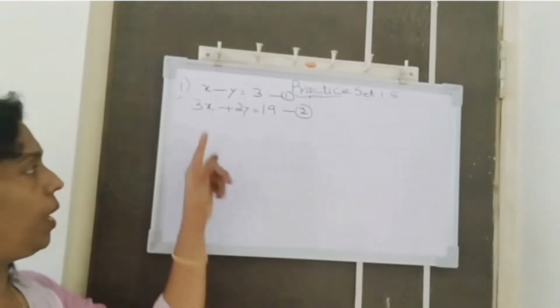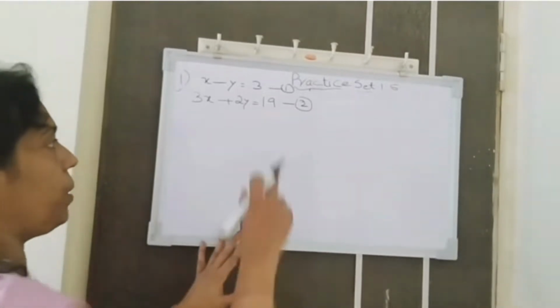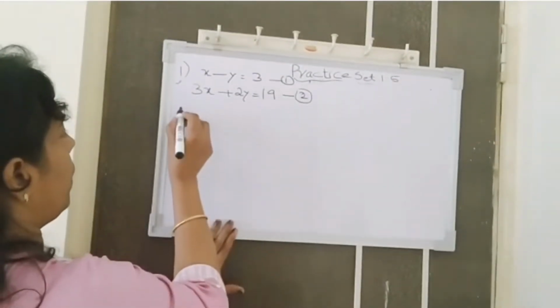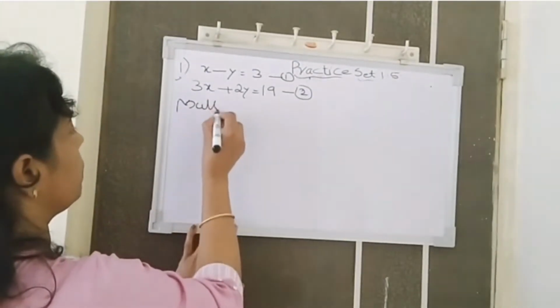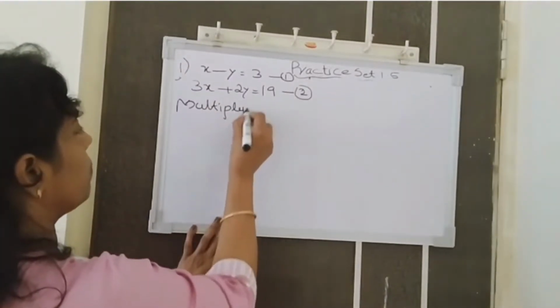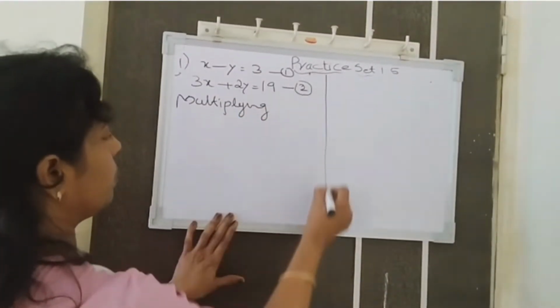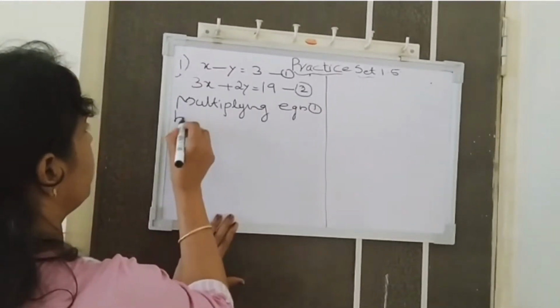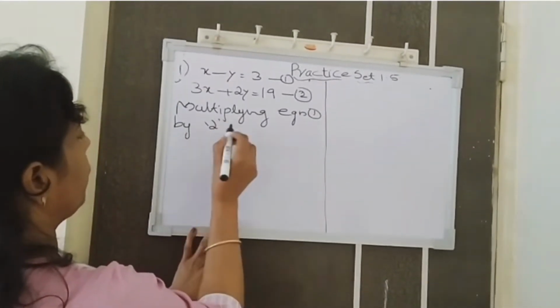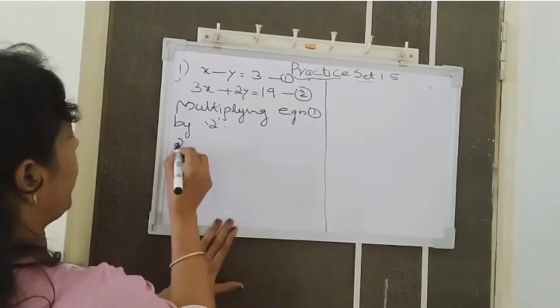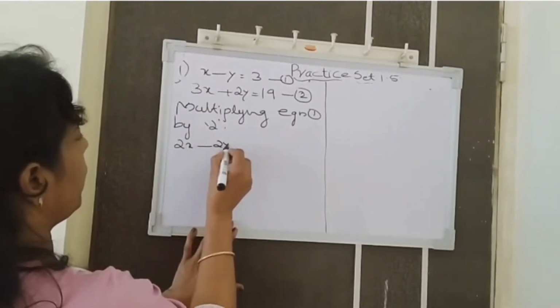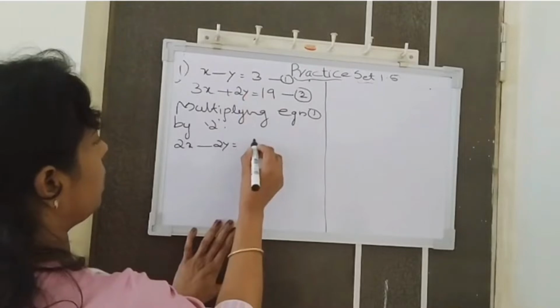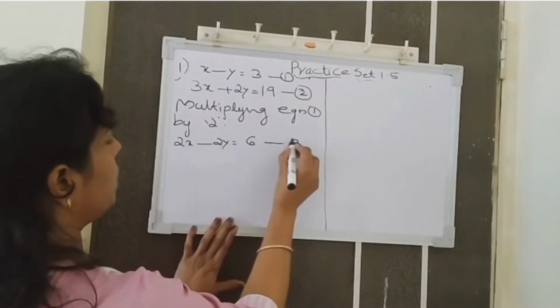Here I am using the elimination method. Therefore, multiplying equation 1 by 2, we get 2x minus 2y equal to 6, equation 3.